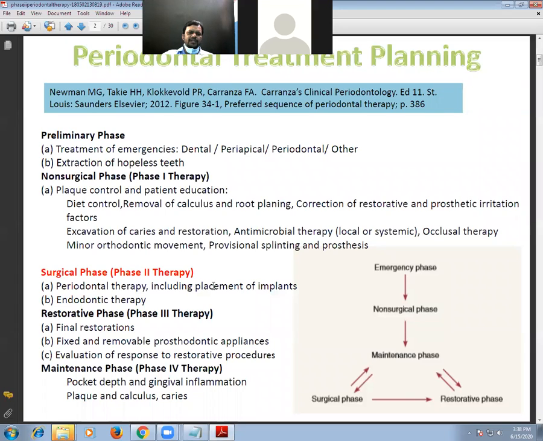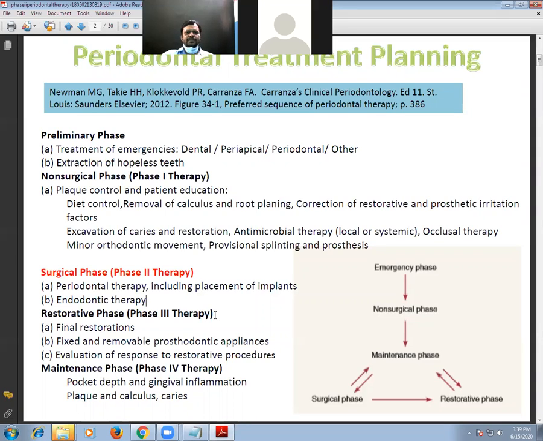Minor includes various gingivectomies, gingivoplasties, and major includes various flap surgeries as well as periodontal plastic surgeries, which are usually included in phase 2 therapy. Then also comes endodontic therapy. So root canal treatment is also performed in phase 2 therapy.